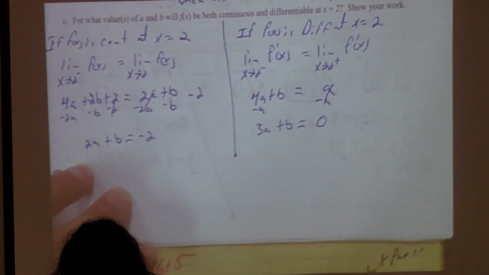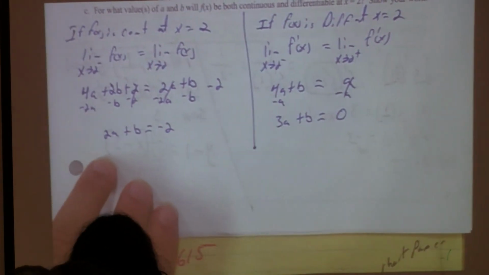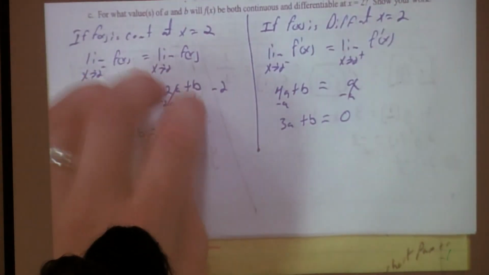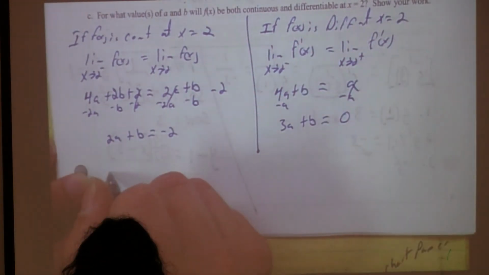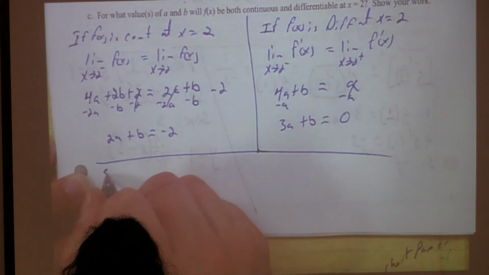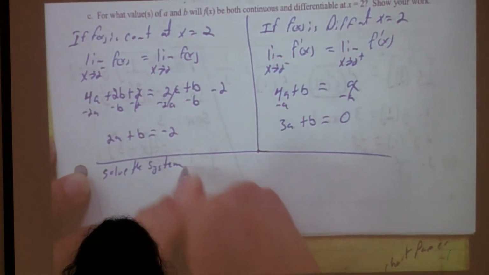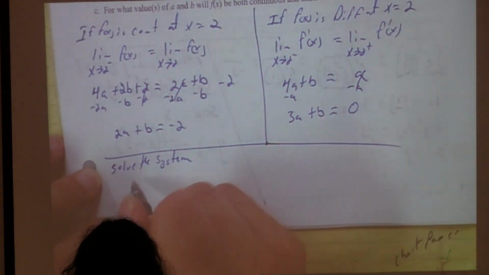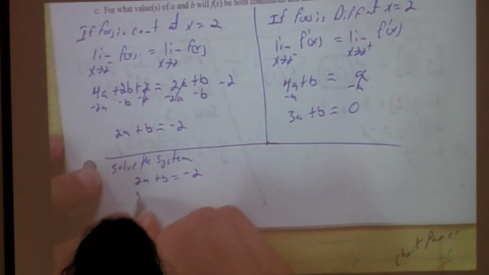So now I have 2 equations with the same 2 variables, and both of them are needed to satisfy the other. This has to be true in order for this to be true. So I can use them together, and I can solve the system. Okay, so the system will be 2a plus b equals -2, and the other one is 3a plus b equals 0.